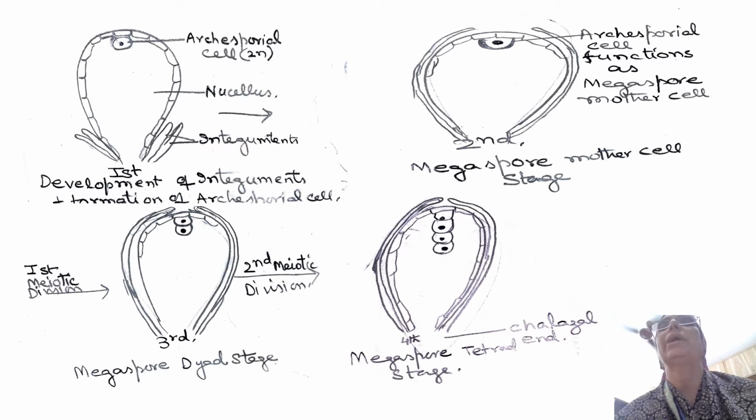These four cells are haploid. The archesporial cell or megaspore mother cell is diploid. Since it undergoes meiosis, four megaspores are formed, which are haploid. This is the end of megasporogenesis. As a result of megasporogenesis, four megaspores are formed.